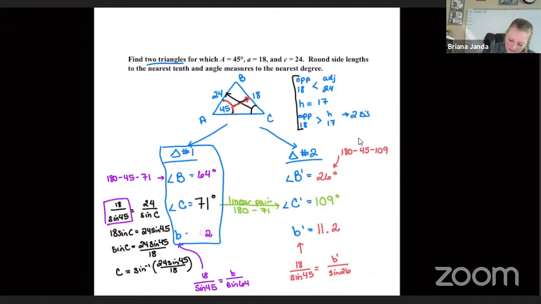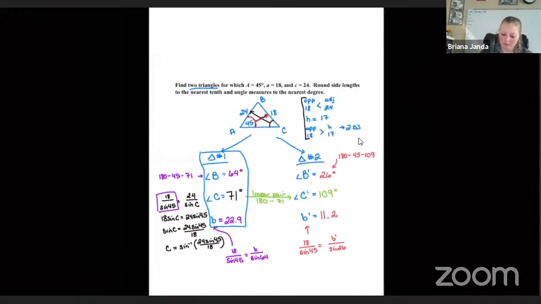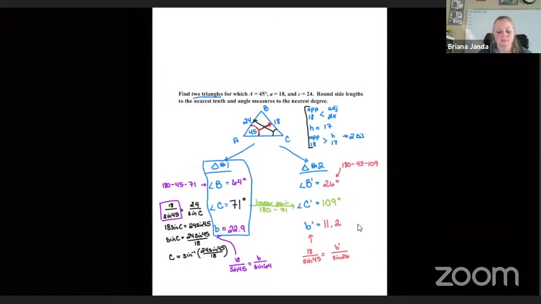I just typed that into my calculator incorrectly. It should have been 22.9. Okay, so there is our second triangle, second set of information.